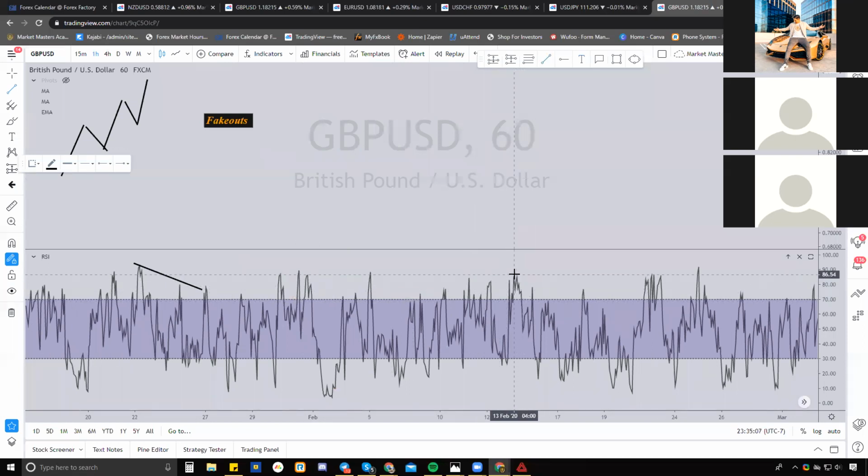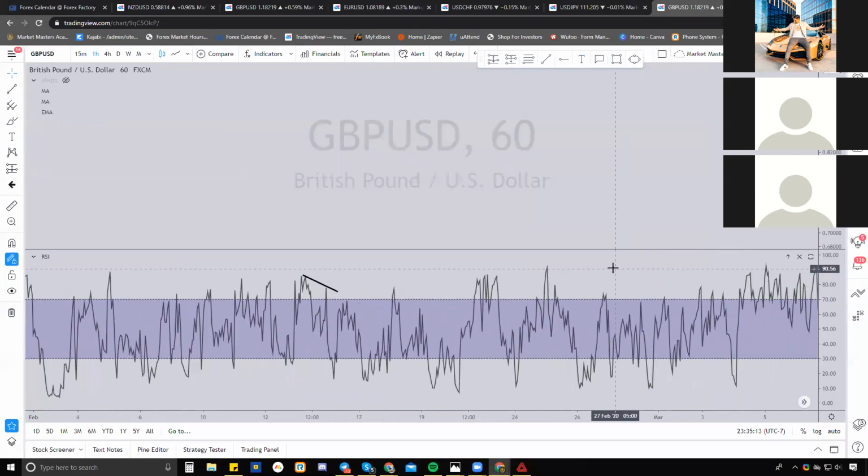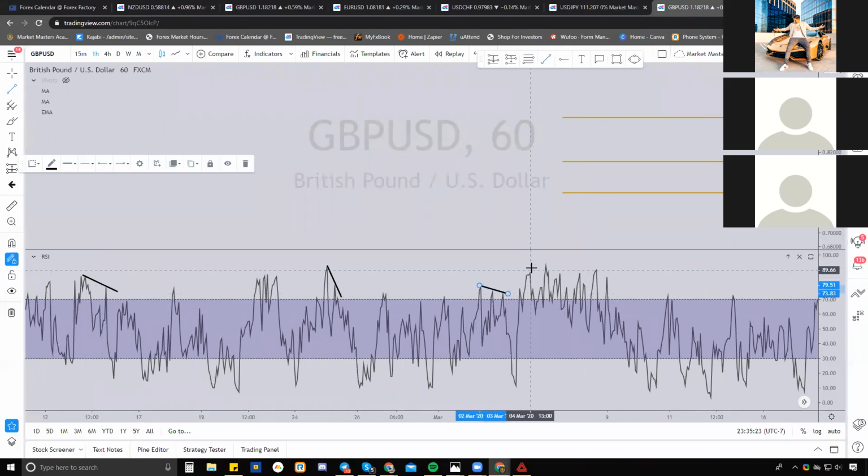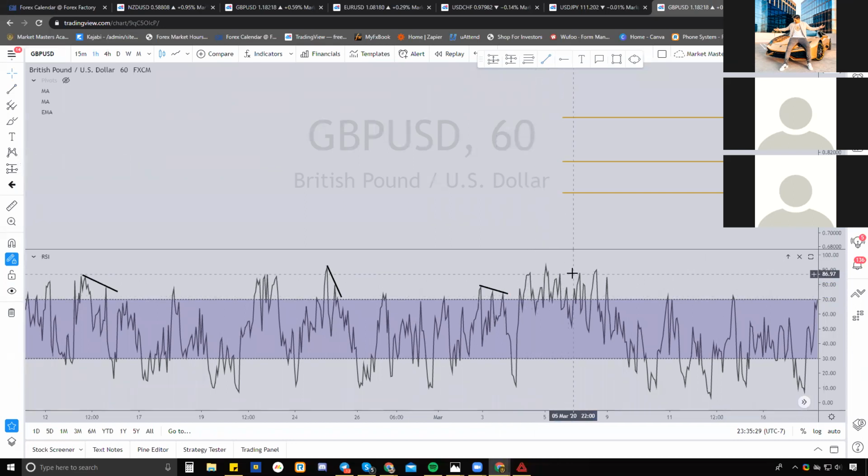So like, let's say for this point to this point, we can see it's slanting down. Let's spot another area. So like from this point to this point, it's slanting down. You can see this area right here, it's slanting down. Now, when it's above the 70, we don't look for slants going up. We look for slants going down.